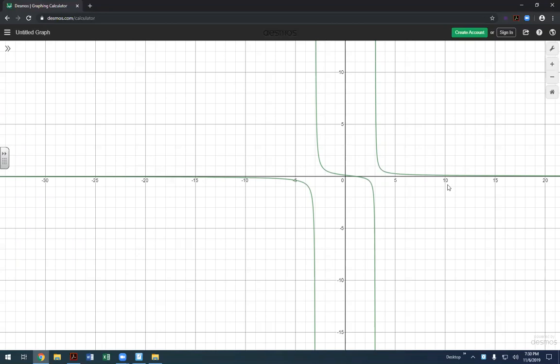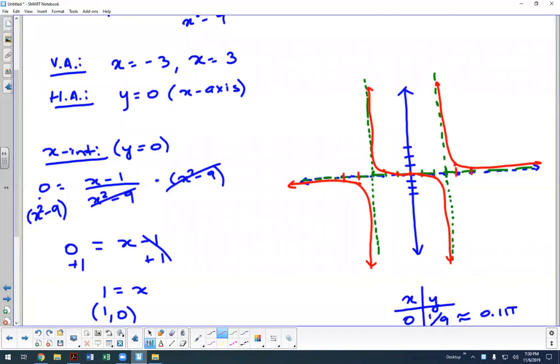Just very quickly, if you had to talk about the domain and range of this function. We talked about the domain before, so can we verify it here? The domain goes from negative infinity to negative 3, from negative 3 to positive 3, and from positive 3 to infinity.